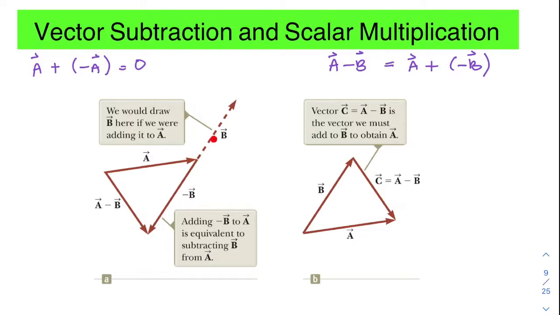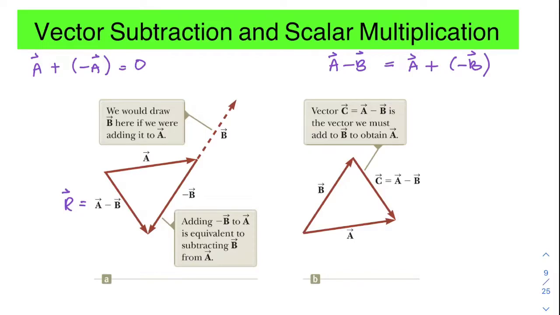Okay, so you have a dashed line, which means that this is imaginary, no more B here. The B has already been reversed to this direction and placed here. So from the tail of A to the tip of the reversed B, you are going to have this as your resultant. This is your resultant actually.